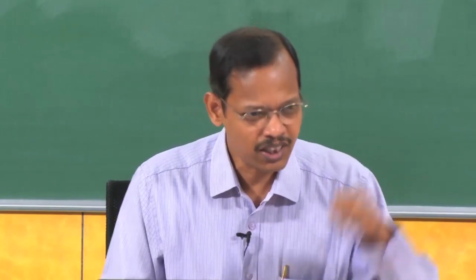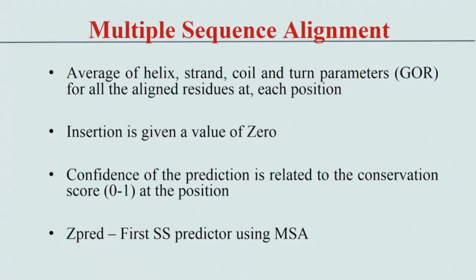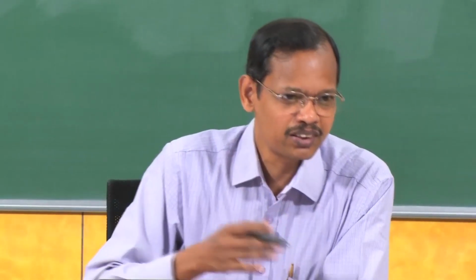So, get the frequency of occurrence for the helix, strand and coil for the different residues in the sequence alignment, and then you can see which one is the highest one, and we can predict. Here the confidence increases if it is highly conserved. Why? Because we get the same information for the same sequence. In that case, if you add up all these things, you will get a high value. So, if it is highly conserved, you will get high confidence values.